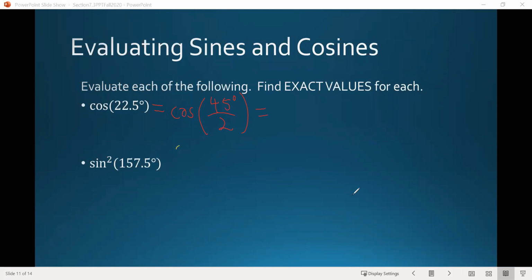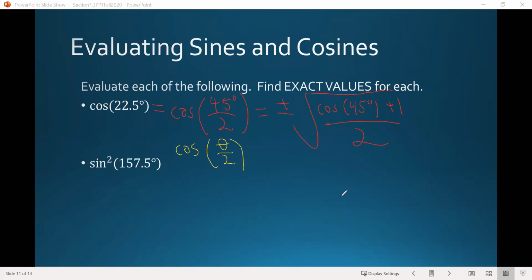And notice now this is in the form of that cosine of theta over 2 identity we were just looking at. So based on that identity, we can rewrite this as plus or minus square root of cosine of theta, which in this case is cosine of 45 degrees, plus 1, all divided by 2 inside the root.